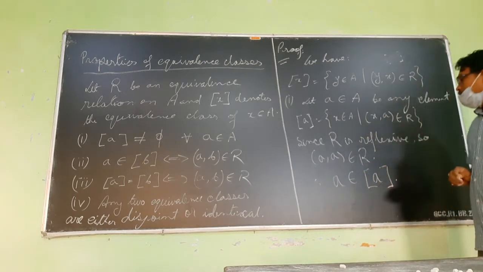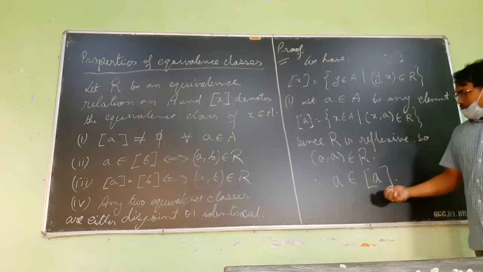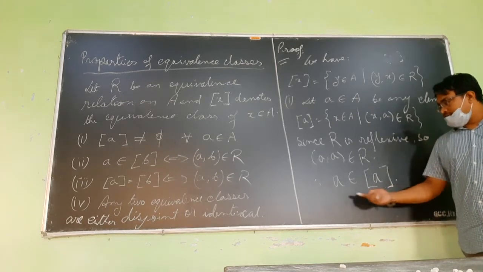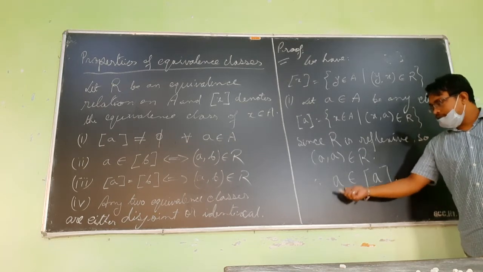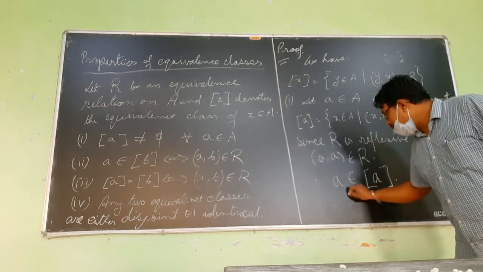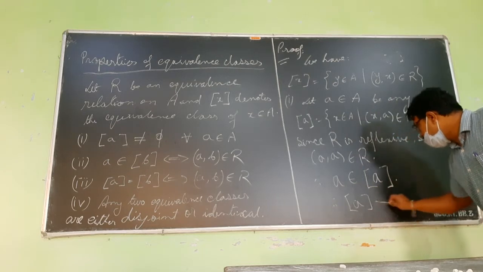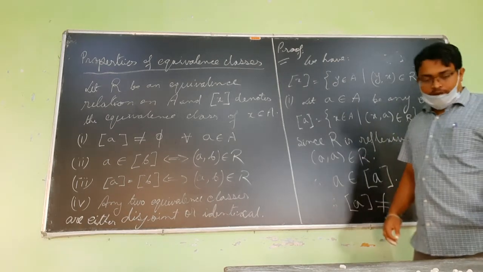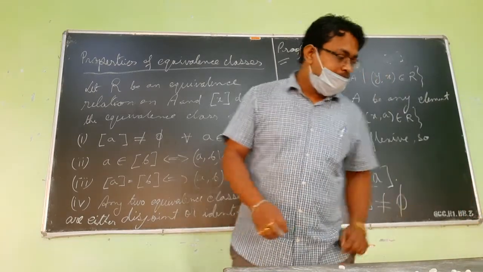So the equivalence class of a is always non-empty. The most obvious element in the equivalence class of a is a itself. Therefore the equivalence class of a is a non-empty set. They are never empty, whatever be the relation.